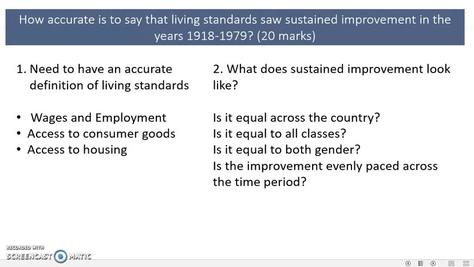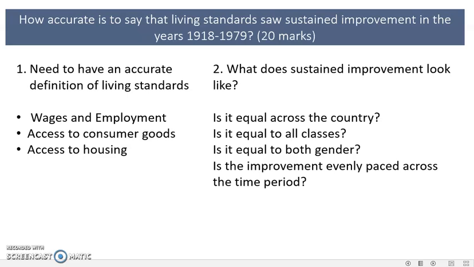And importantly, is it evenly paced across the time period? Because if we look at living standards, there are definite pockets where it declines. So if we think about the 1930s and the Depression, we could also think about the 1970s when we've got periods of high inflation. But then we have got periods where living standards are rapidly improving, 1930s particularly, but only for the middle classes.